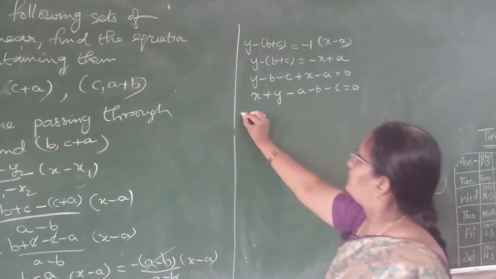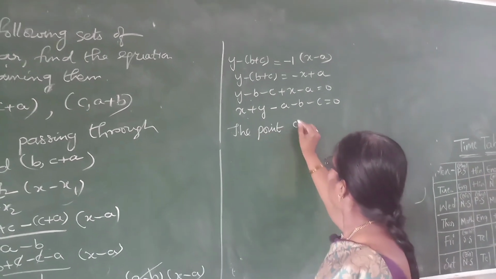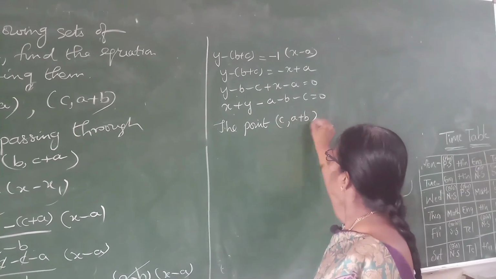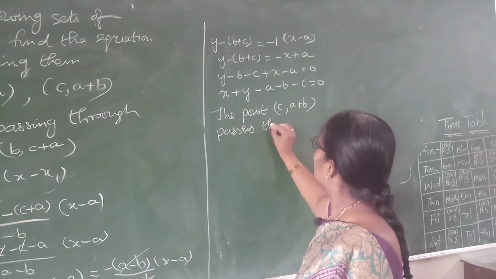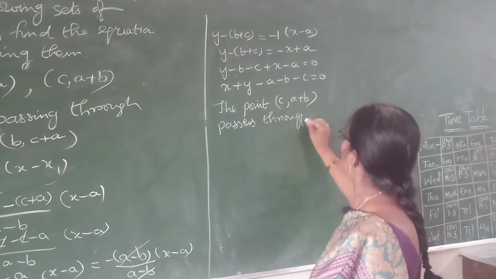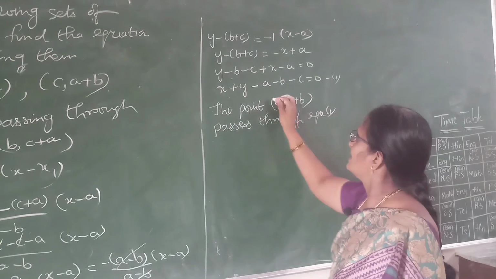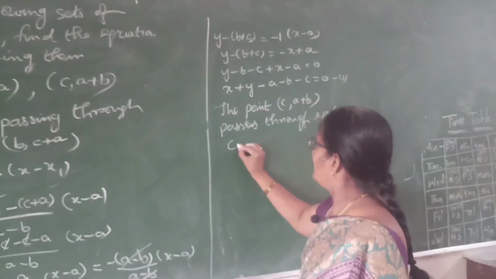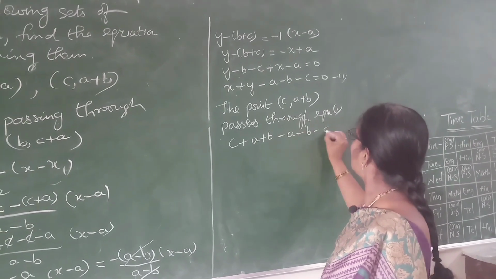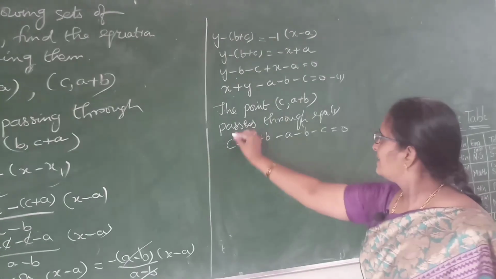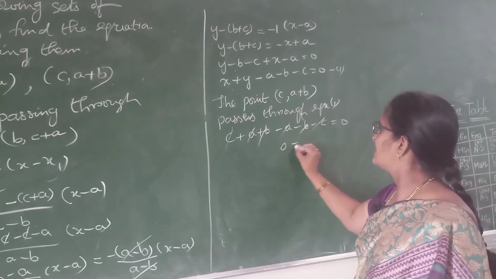Now the point (C, A plus B) passes through, let this be equation 1. So what will happen here? C plus A plus B minus A minus B minus C equal to 0. You can see C minus C, A minus A, B minus B, everything is getting cancelled.